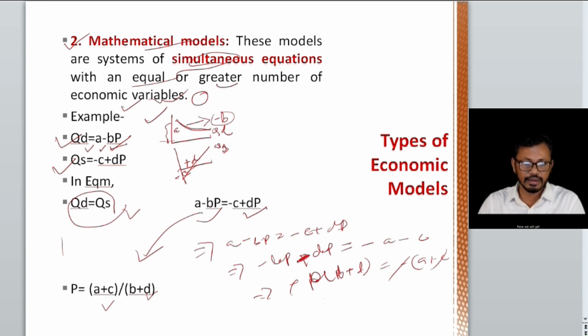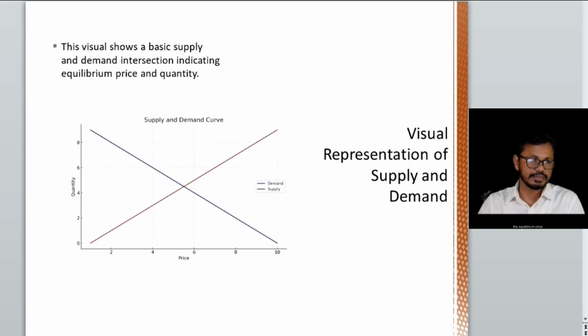Solving in favor of P, we get (A plus C) divided by (B plus D). So this is the equilibrium price.